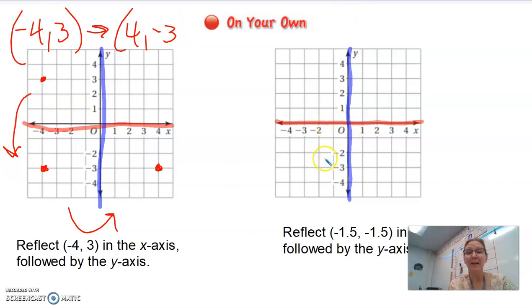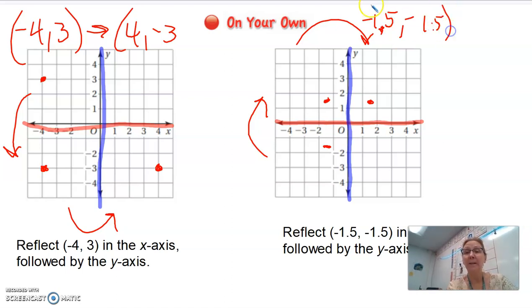Negative 1.5, negative 1.5 is right there. When it goes across the x, it goes up and then it goes right. Sorry about that. Okay, so my point goes up here and then it goes over here. So negative 1.5, negative 1.5 reflects to positive 1.5, 1.5.